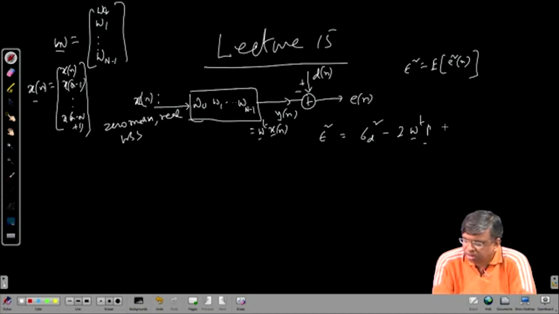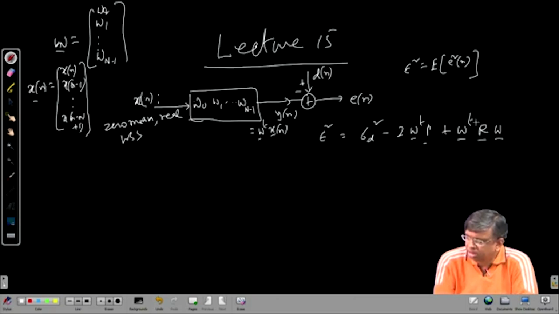This is not second order, but there was a second order term, W transpose R W. All components of W will be present in the resulting column vector elements, and then they will again get multiplied by another W term. So, essentially it will be a second order thing, either W0 square, W1 square, W2 square kind of terms, or W0 W1, W1 W2, W0 W2, like that.